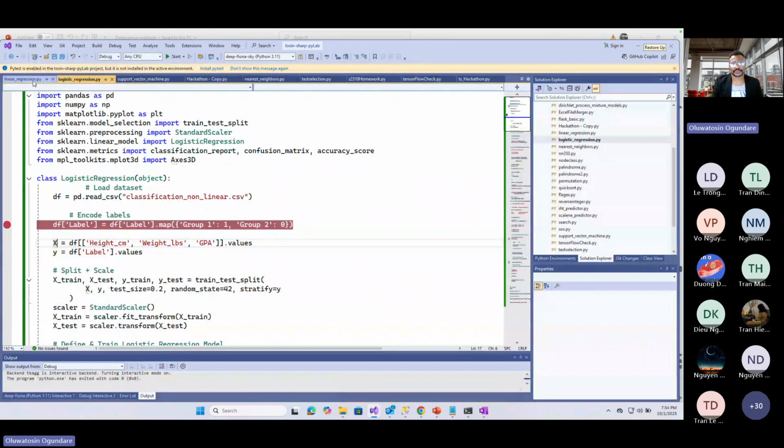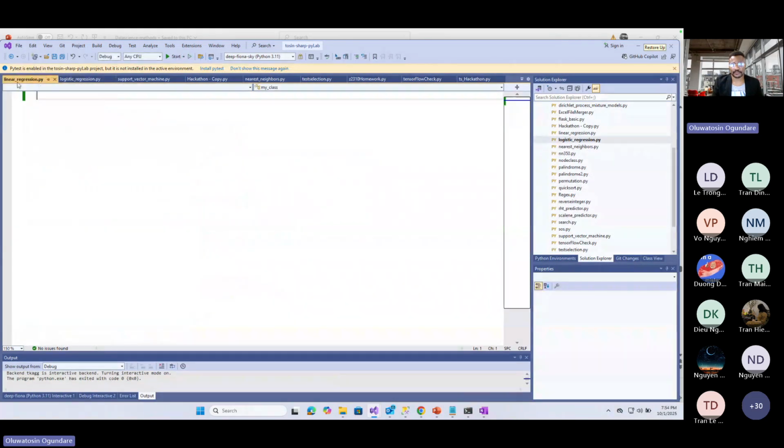I have this Python script called linear regression. So let's begin by saying class LinearRegression.